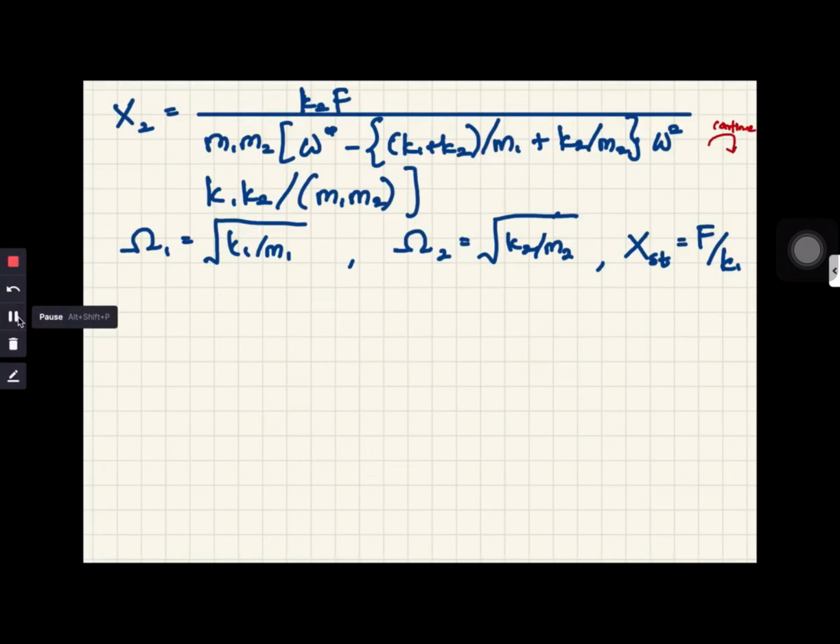So again we substitute these terms in X1 and X2.